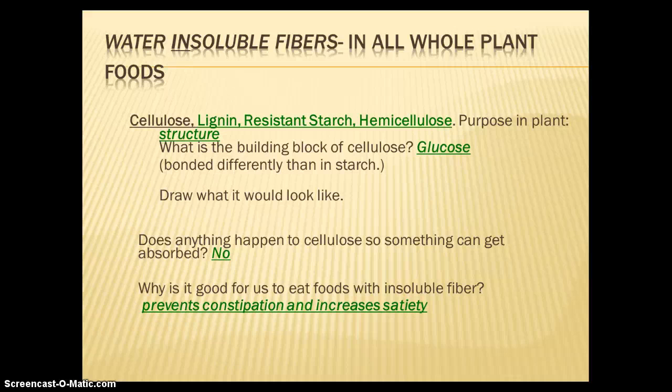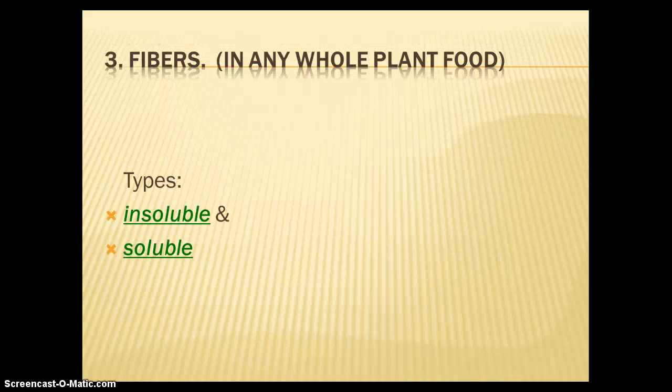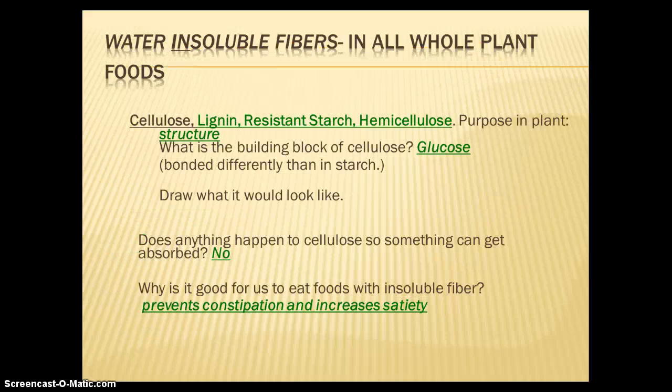This is cardboard. This is when you buy that cardboard cereal, bran flakes, fiber flakes. Why eat it if it doesn't taste good? Rather, get your fiber from whole foods that taste good. I mean, if you like bran flakes, eat them. But you don't have to get these insoluble fibers in ways that are not palatable.